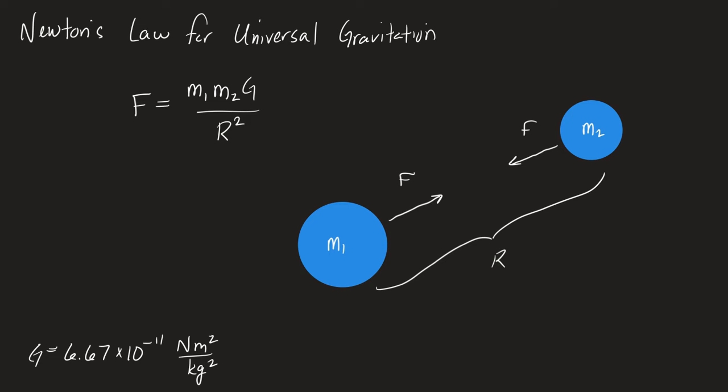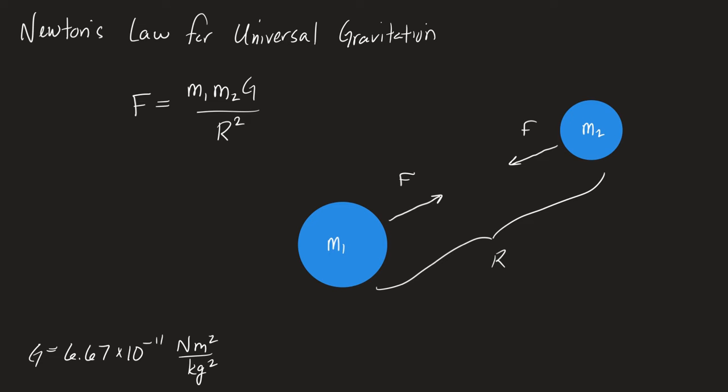These would be bullet points on a PowerPoint, but you know I hate PowerPoints. So bullet point number 1, this only can tell you the force between two objects. If there's a third object, then you have to find the force between all the pairs of objects. This equation can only be used to find the force between any two of them.